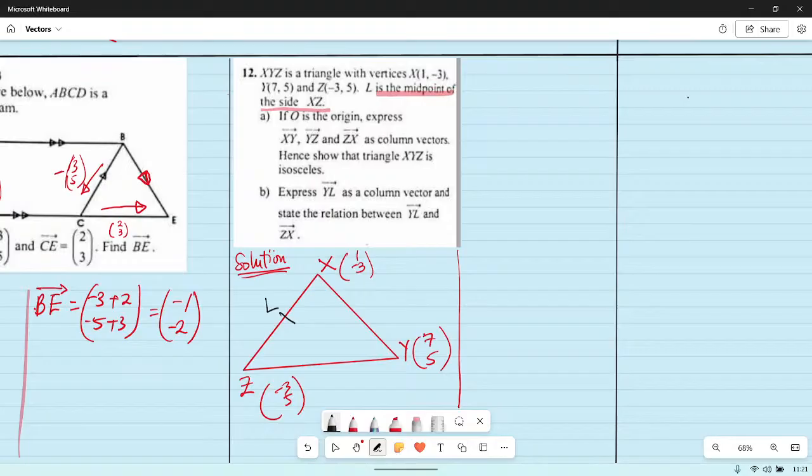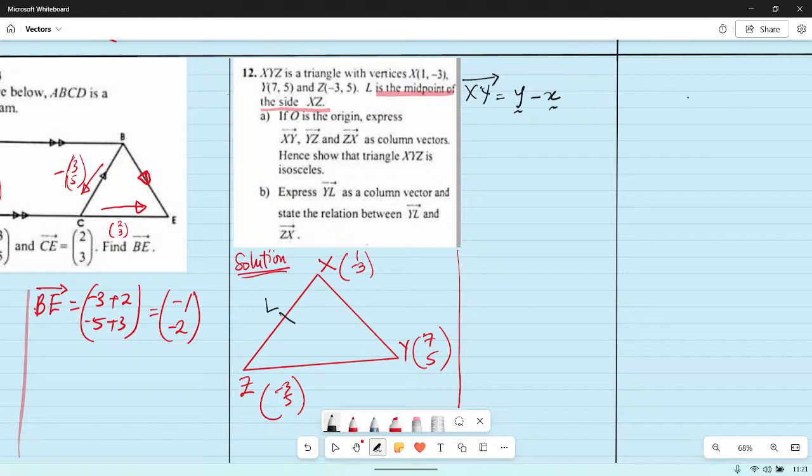So if O is the origin, express XY, YZ, and ZX as column vectors. They're talking about position vectors. So XY is going to be Y minus what? X, because they've given you all the points, and this becomes the position vectors.